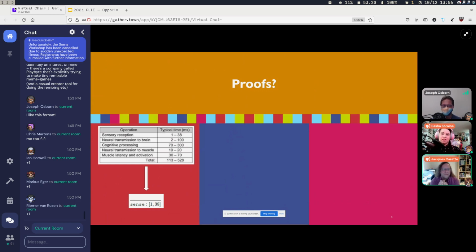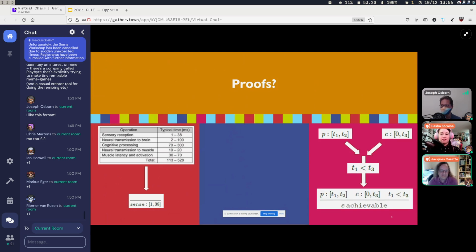So say that a player uses a process P. I think you're a bit behind on the slides. For a focus challenge C, if they're able to sometimes perform P at a time shorter than what the game considers to be acceptable, then the challenge is achievable by that player.